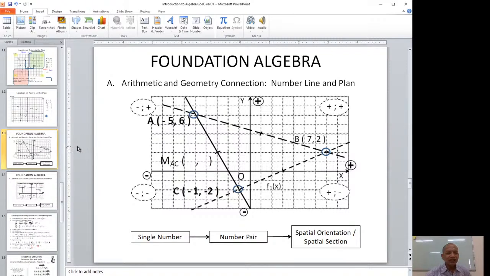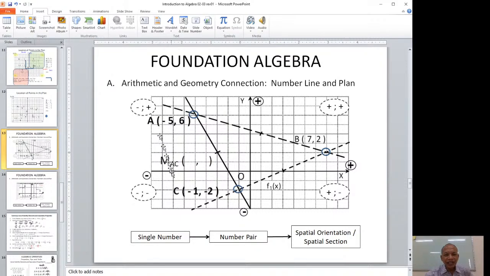Again, this is to show you we have points A, C, B, and M. M is the middle point of A and C, we say M of AC.